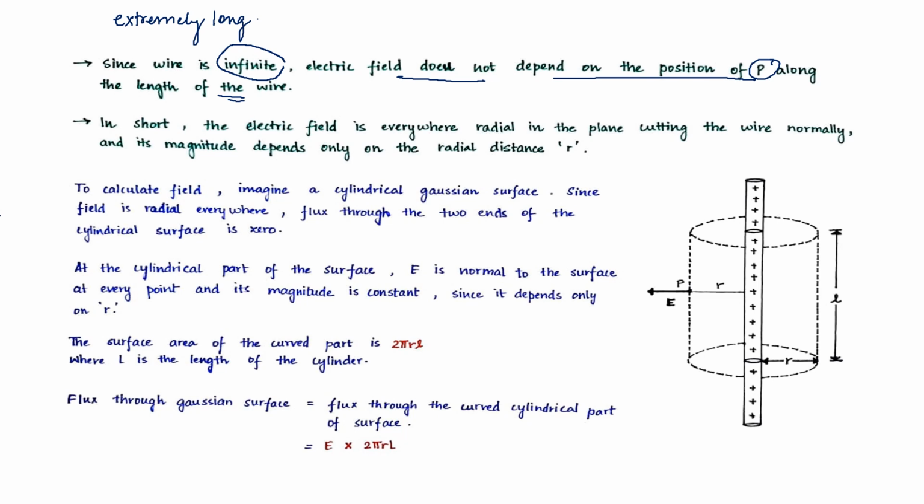In short, the electric field is everywhere radial, in the plane cutting the wire normally, and its magnitude depends only on the radial distance r.